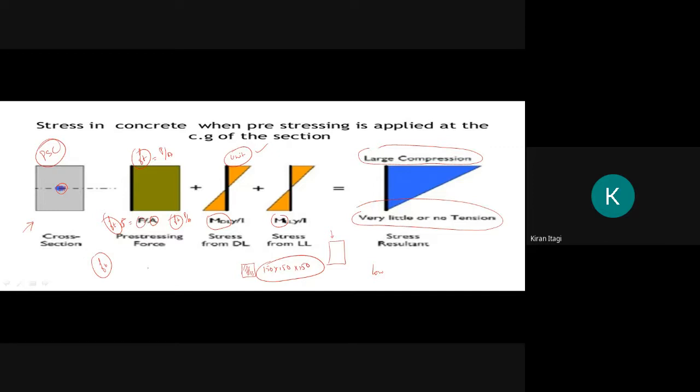So for the tensile strength test, which one do you do? You prepare one cylinder, 150 mm diameter. You apply the load, and you can see the concrete will easily crack.